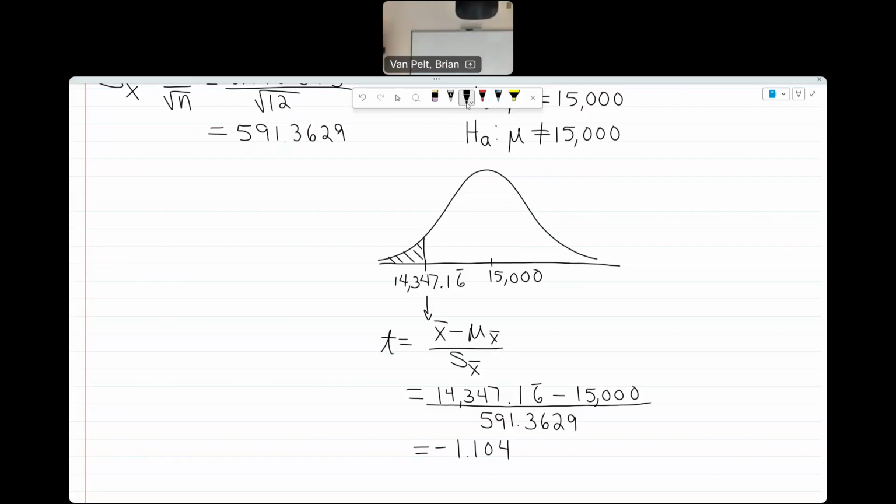I recommend highly drawing the picture, the one that you're going to be using with the table. This is not required, and none of these steps are really required, but I'm doing it because it's the same steps every single time. Here, you're going to have the center of 0, and we have negative 1.104, and so this little piece here.